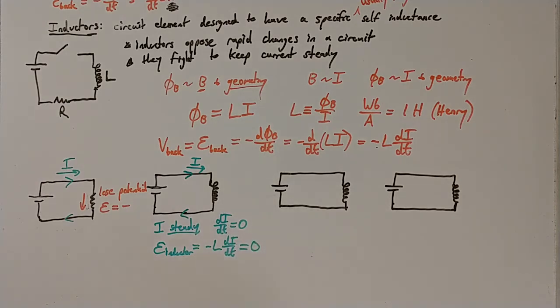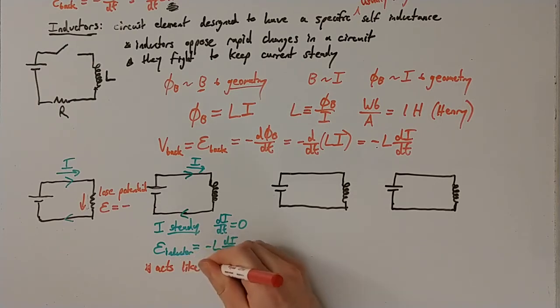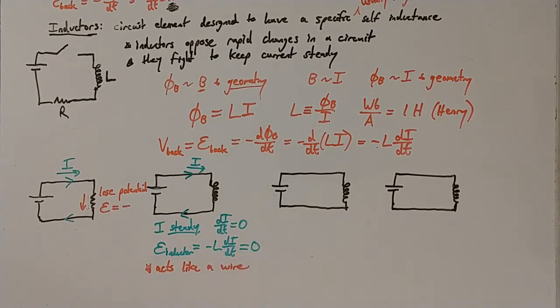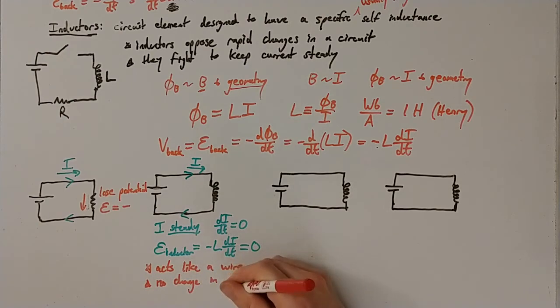And so what I usually like to say is that the inductor is happy with the fact that it's steady. It acts like a wire. There's no change in potential.